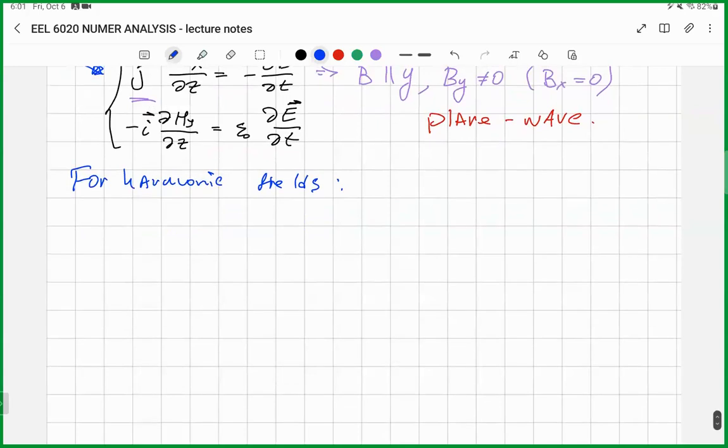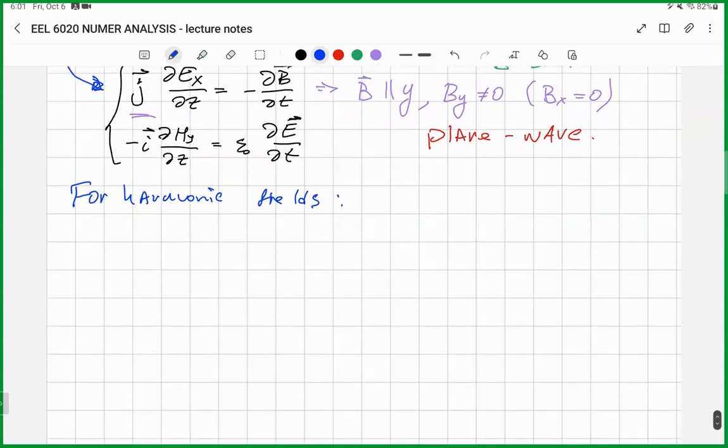we can write the general solutions. For the electric field, in our case polarized along x, it gets the amplitude Ex0 times cosine(kz minus omega t plus some phase phi).